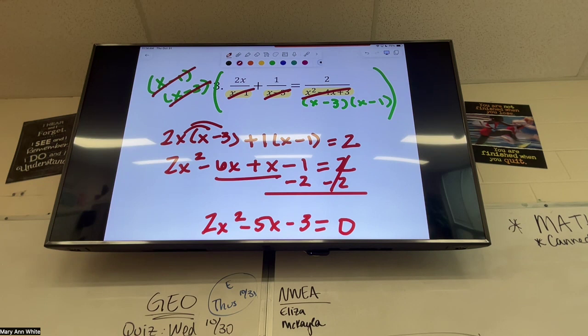Now, I don't know where we are with factoring, but I believe that that's factorable. I know that you can also quadratic formulate it, but it gets very messy sometimes. So I want you to go ahead and try and just factor it right here off the jump.